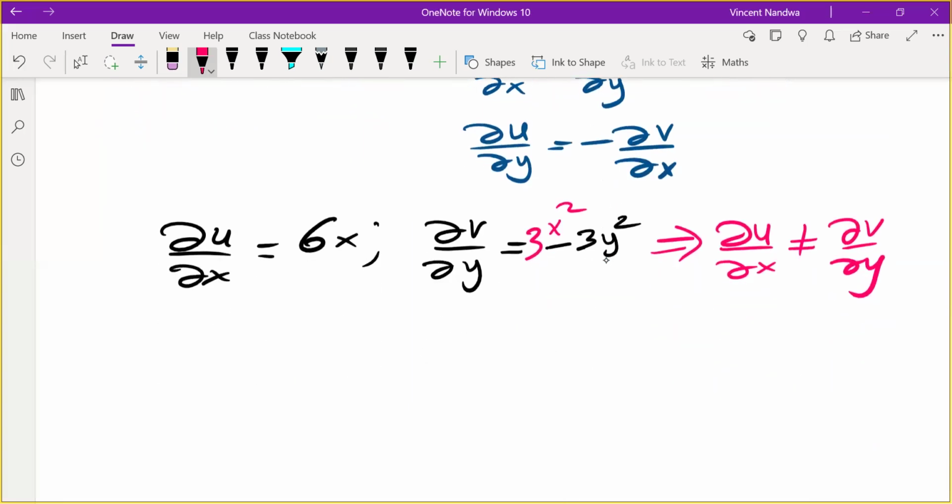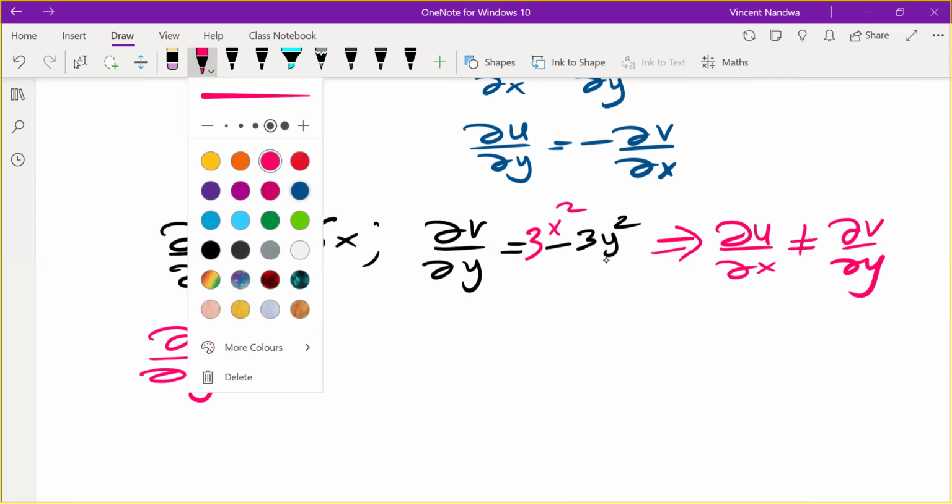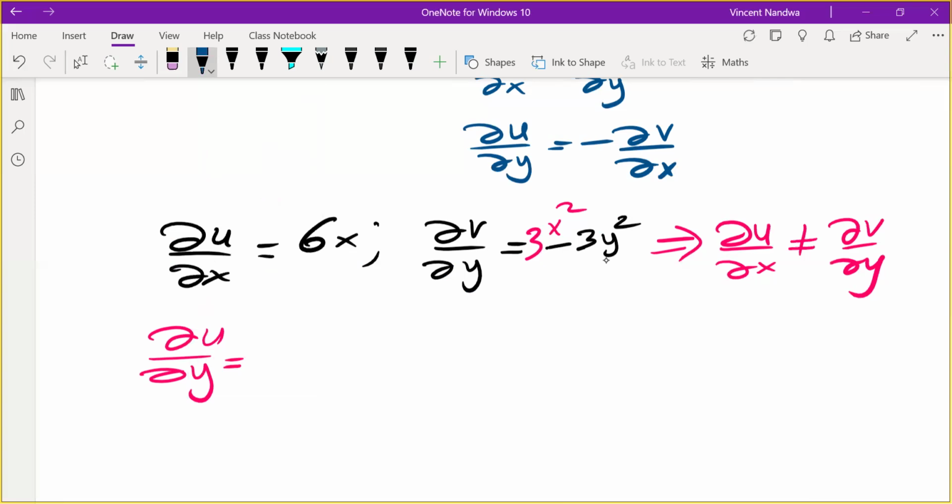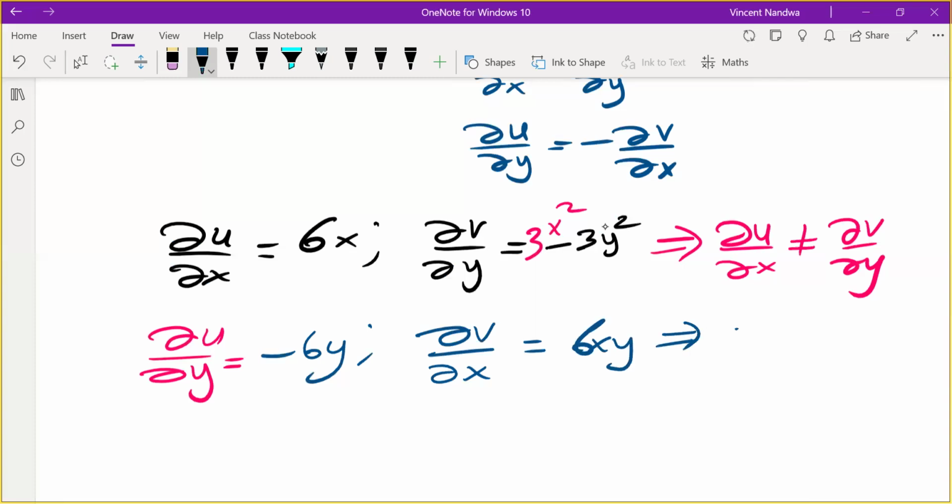Or if you were to check the second condition, what is partial u partial y? Minus 6y. And then partial v partial x? 6xy. You see also that partial u partial y is not the same as negative partial v partial x.